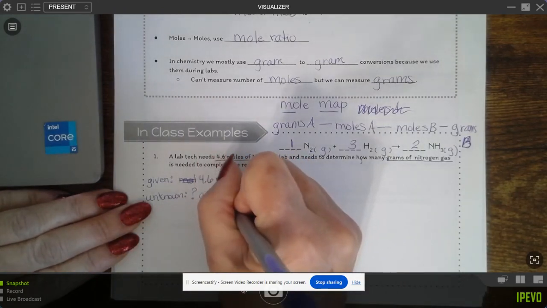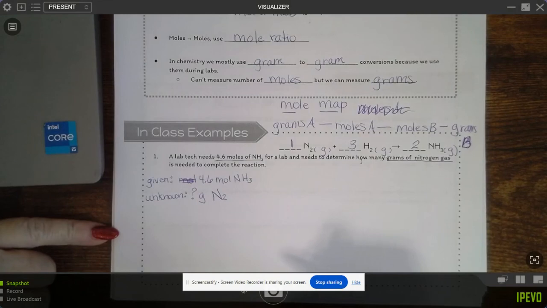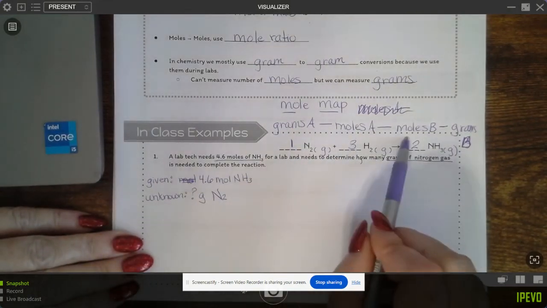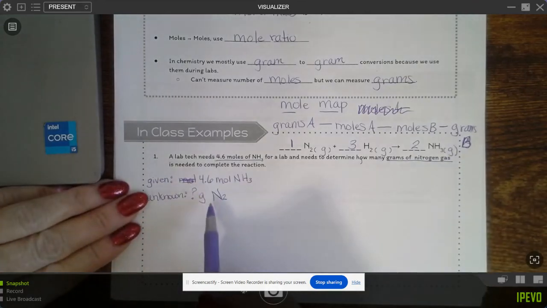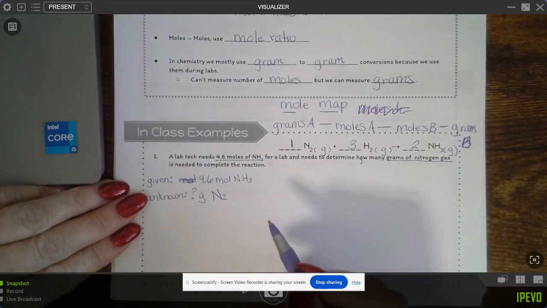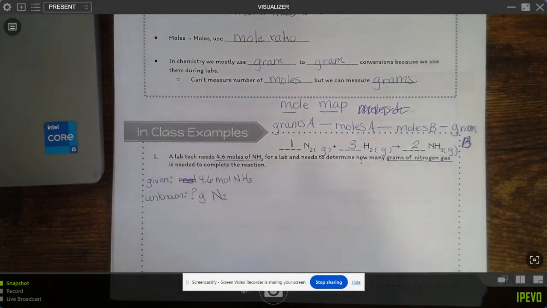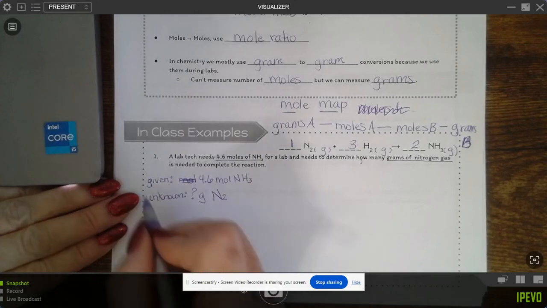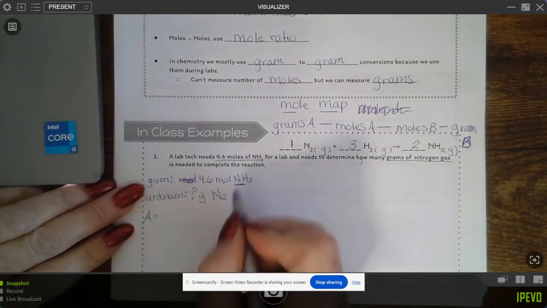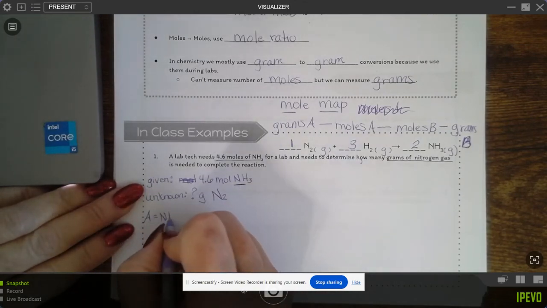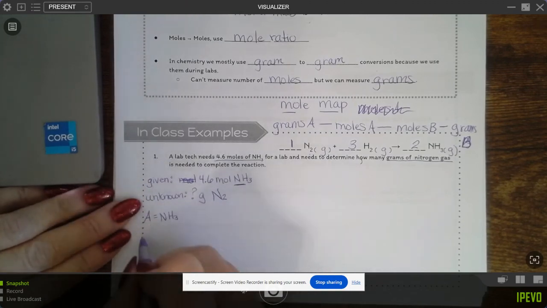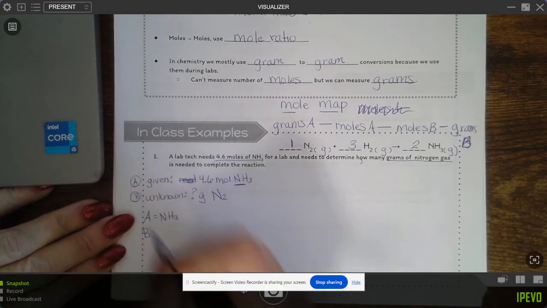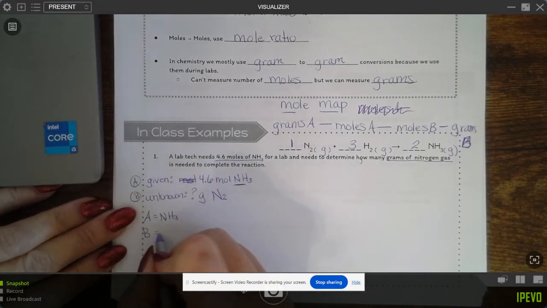Something important to note: my mole map has grams of A, moles of A, moles of B, grams of B. In here, I don't have A's and B's. So it's almost like algebra, where we designate. A for all of our problems is always going to be the substance in our given, so A is NH3. And B is always our unknown substance.